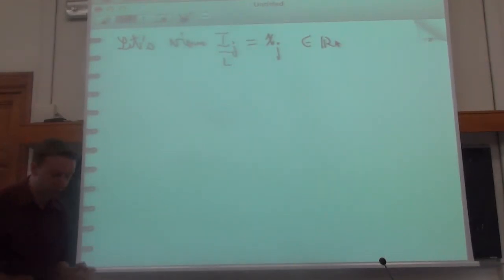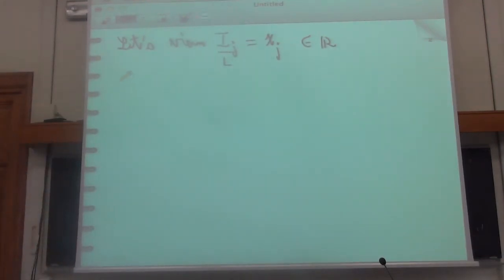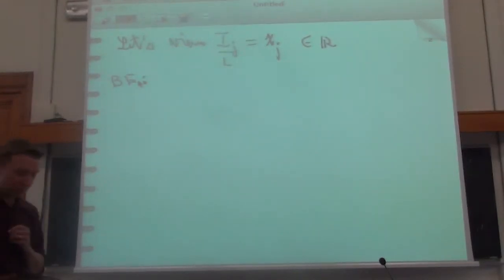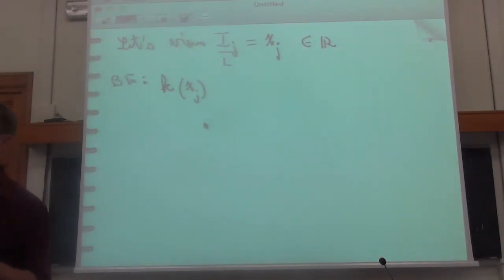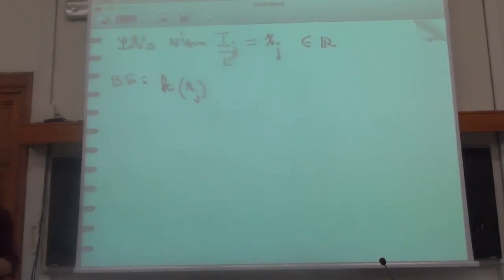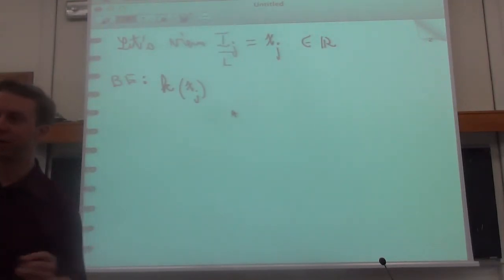Now, what we can do is rewrite the Bethe equations in the following way. What we will imagine is that there's a function k of x, which, when evaluated at the points xj corresponding to 1 over L times the quantum number, gives you the solution to the Bethe equation.